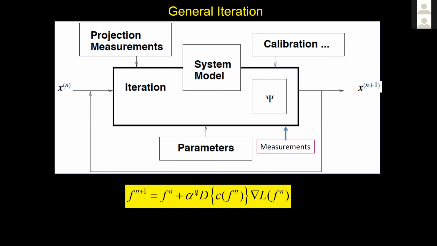And then you use a step size function to adjust how much you want to update for each iteration. Then you correct your current image and get a new update, and once your gradient reaches 0, then this term equals 0, and you don't have any update. That's the ideal case. You reach your optimal solution.